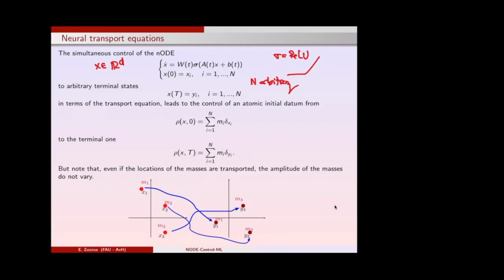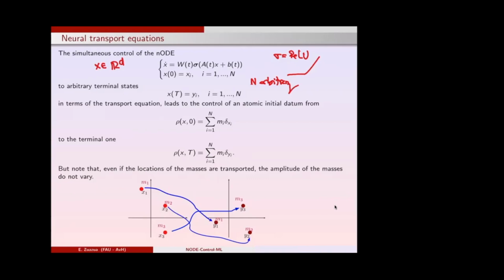So we are in dimension D, X is the state, is in dimension D. This is the number of, for instance, agents interacting on a network, D, right? And now I consider n possible trajectories and possible configurations.